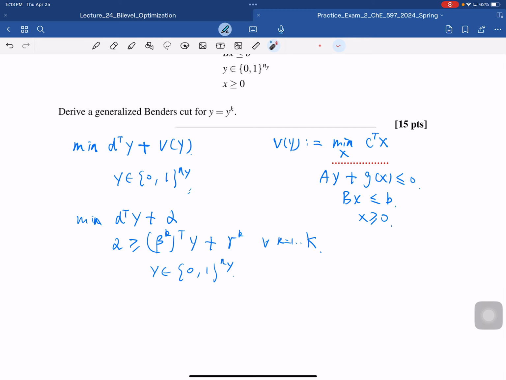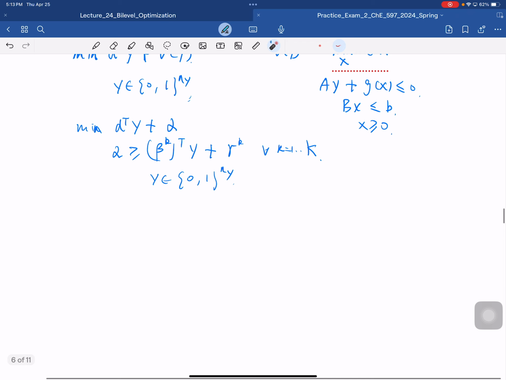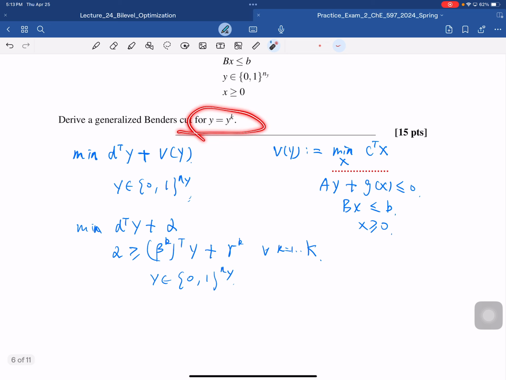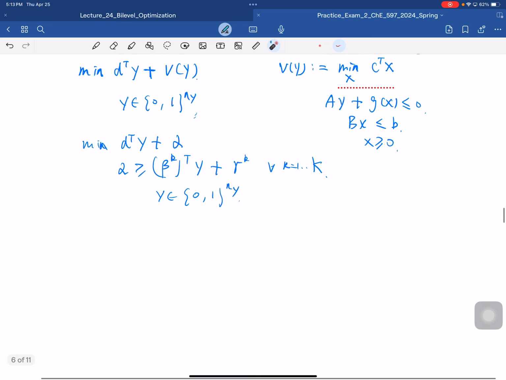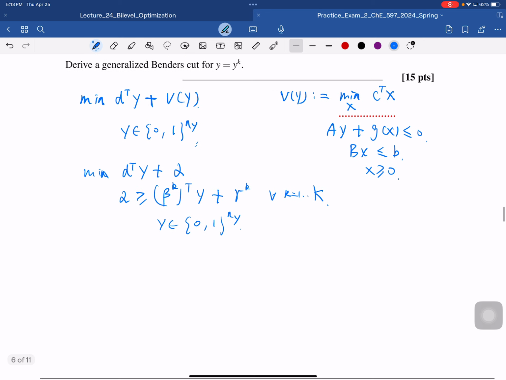Yeah. So now let's derive this cutting plane, right? Okay. So first of all, you want to derive a cutting plane for y fixed at y_k, right? So when y is fixed at y_k, you are essentially solving the following nonlinear programming problem.